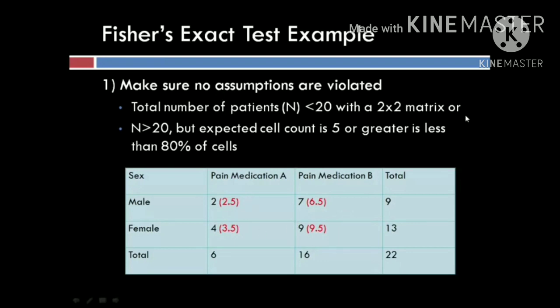That means we have a cell count of 5 or greater in only 50% of the cells. So we use Fisher's exact test in this case. If they were all 5 or greater, then perhaps we would be using chi-square.